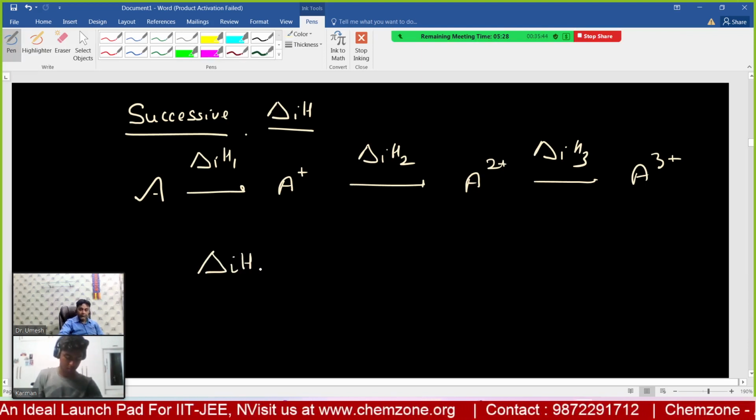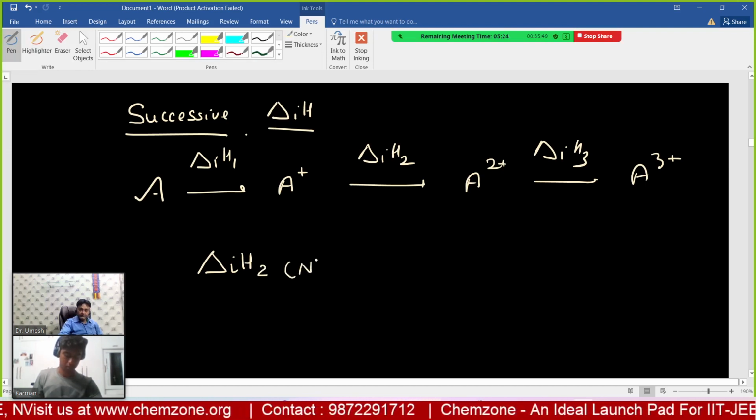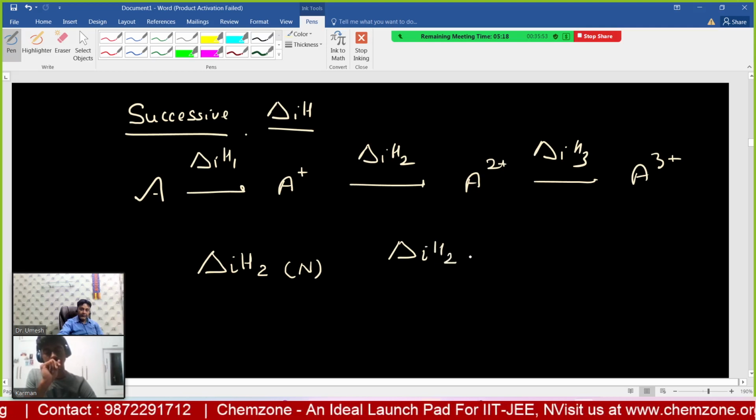Now you have to compare the second enthalpy of ionization for nitrogen and the second enthalpy of ionization for oxygen.